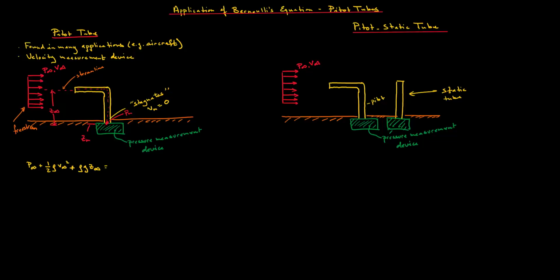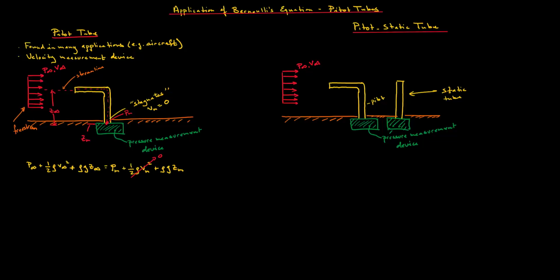And this summation is constant along a streamline. And so at point 2 in the streamline, we will have Pm plus 1/2 rho Vm squared plus rho G Zm. Since the flow stagnates, we know that Vm is 0.